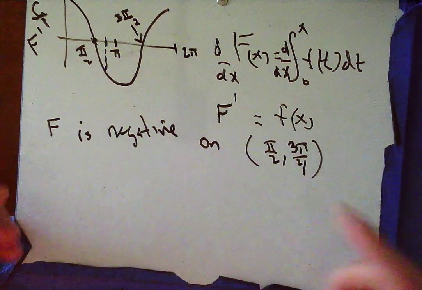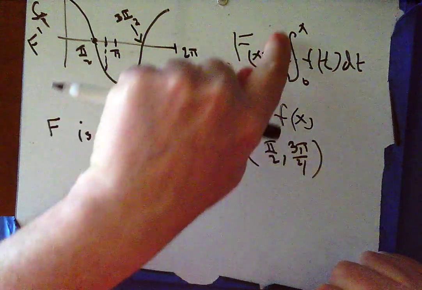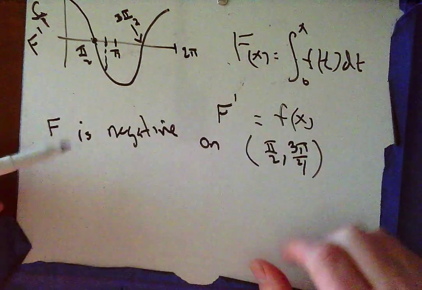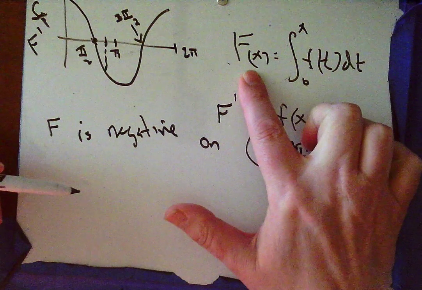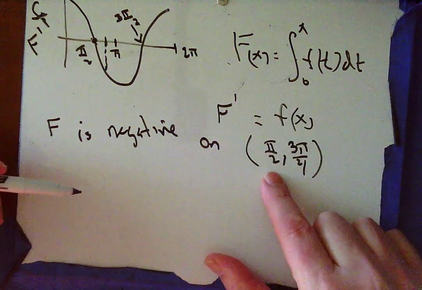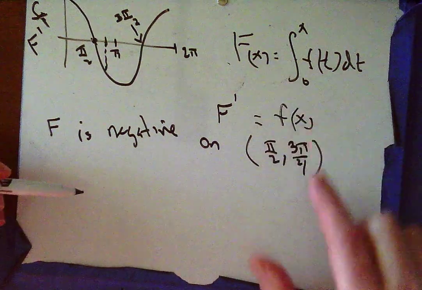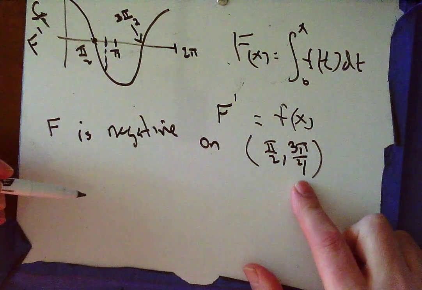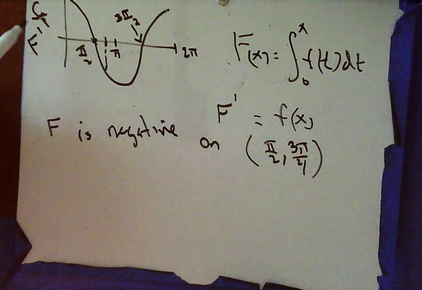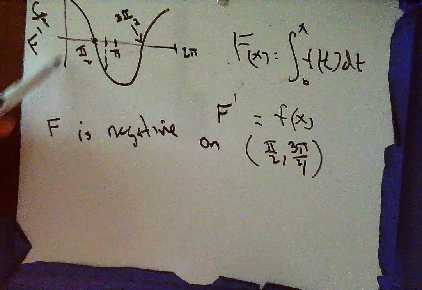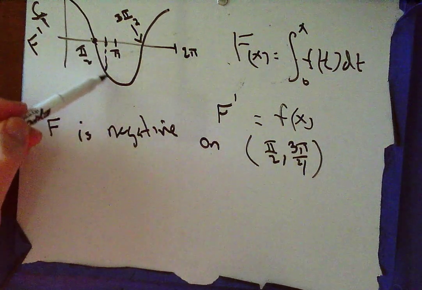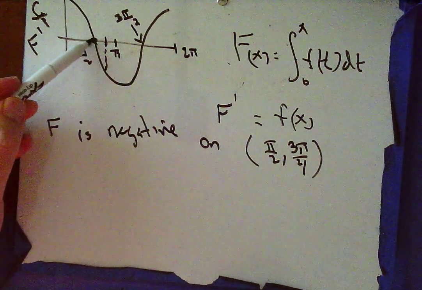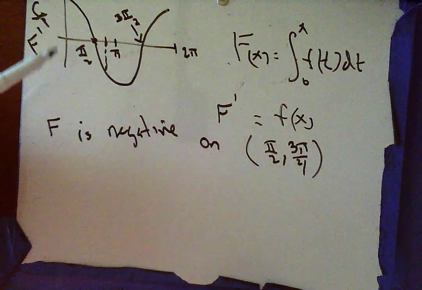Well, I can think of a number of things. And the first thing I want to try is I want to find out what big F of pi over 2 is and what big F of 3 pi over 4 is. I see from my big F prime graph here that it is negative from pi over 2 to 3 pi over 4.